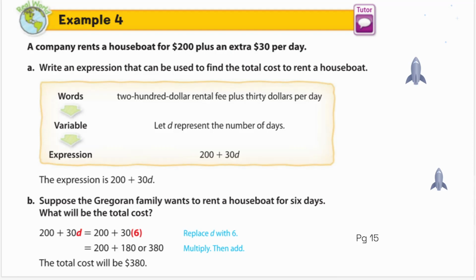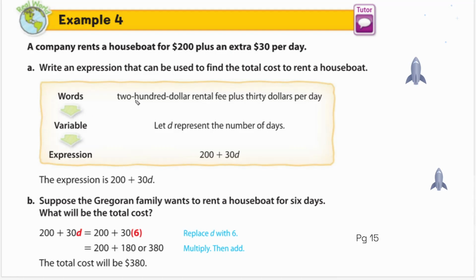Next example. By the way, we're here now on page 15. A company rents a houseboat for $200 plus an extra $30 per day. Write an expression that can be used to find the total cost to rent a houseboat.